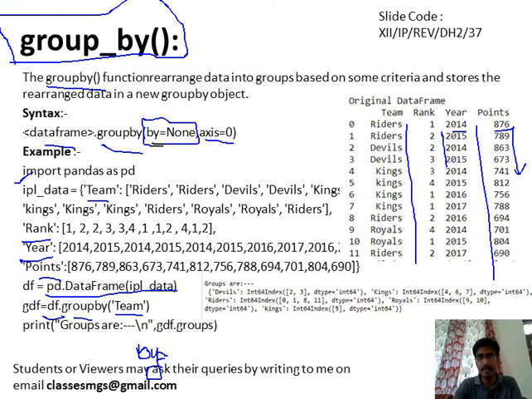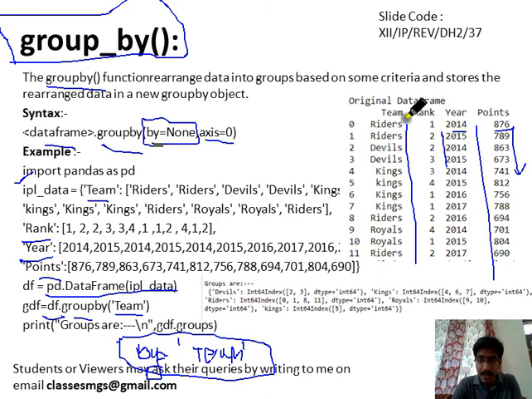Both ways are fine. By equals to team, this will be the column name of the data frame. Then it will group by team.